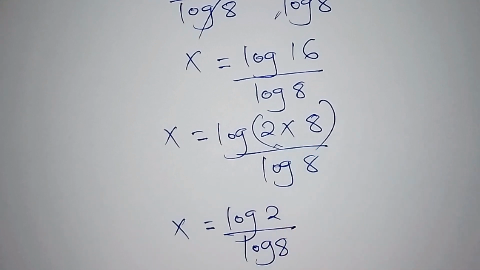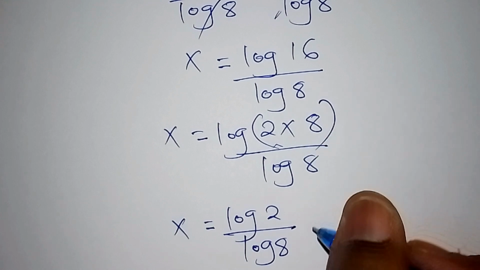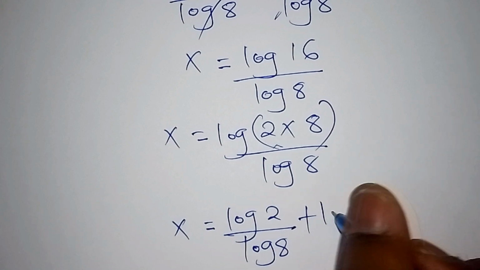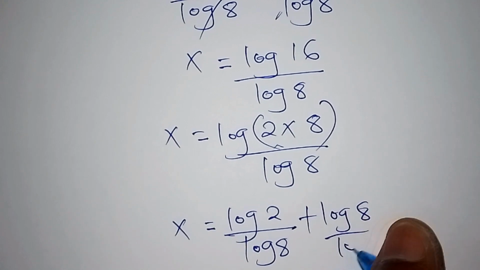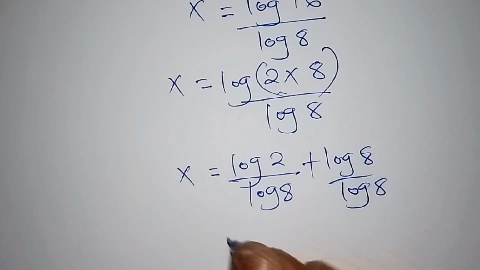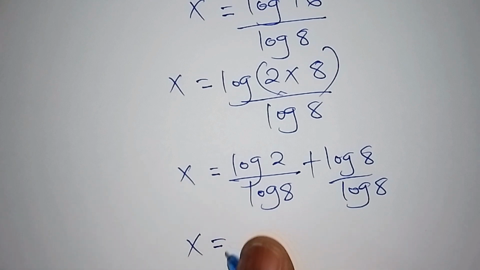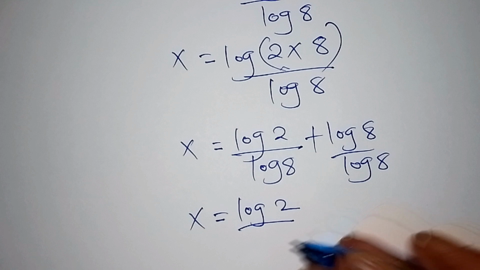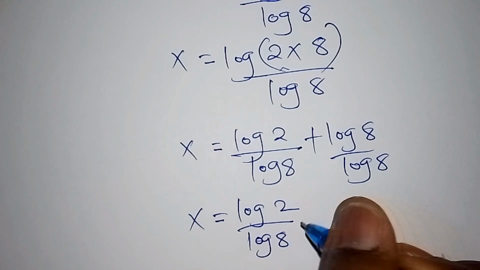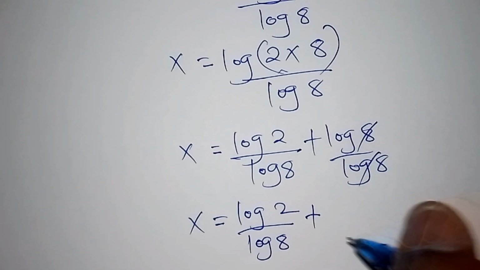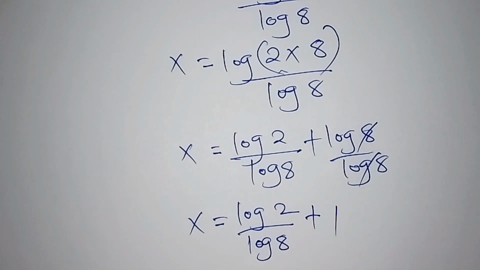Then our multiplication changes to addition as a result of the law of logarithms, plus the log of 8 all over the log of 8. So x equals the log of 2 all over the log of 8, plus, the log of 8 and the log of 8 cancel, so we have plus 1.